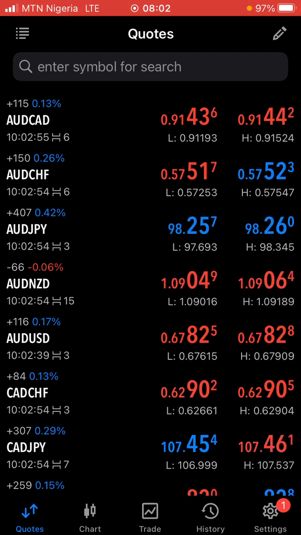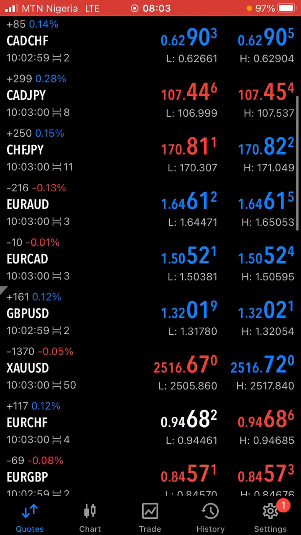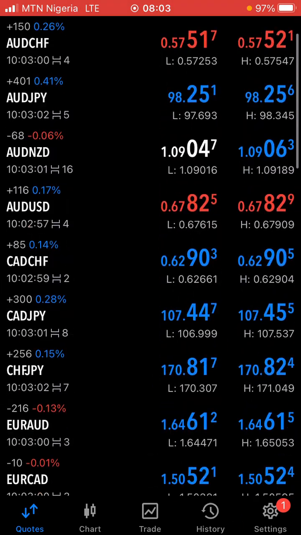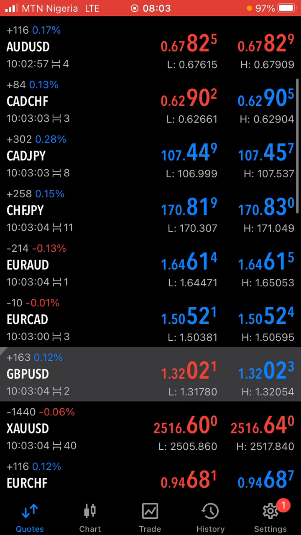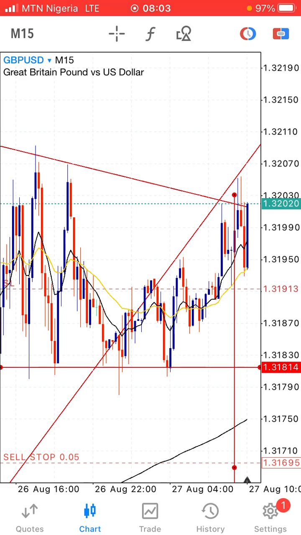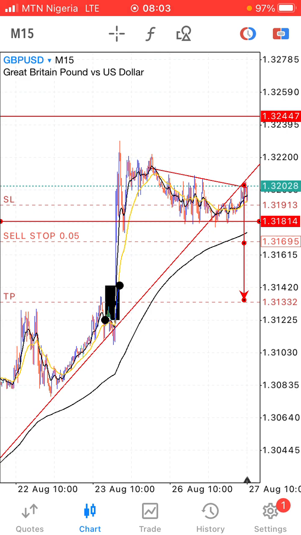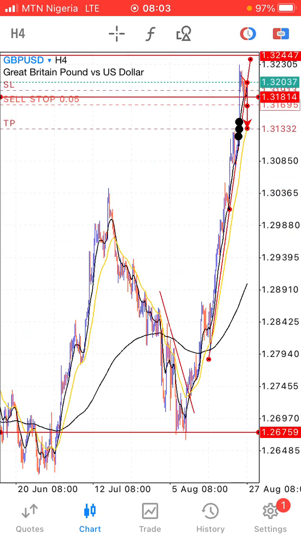So let's see how this market unfolds. Let's go to GBPUSD, on a 4 hours time frame.